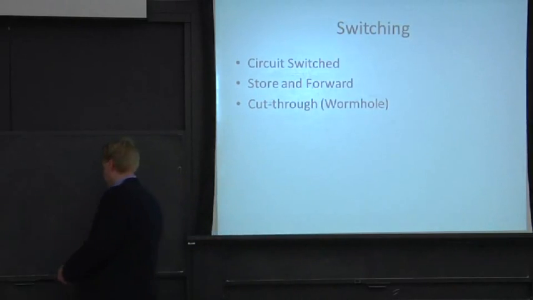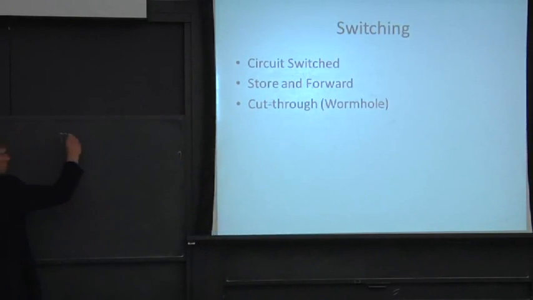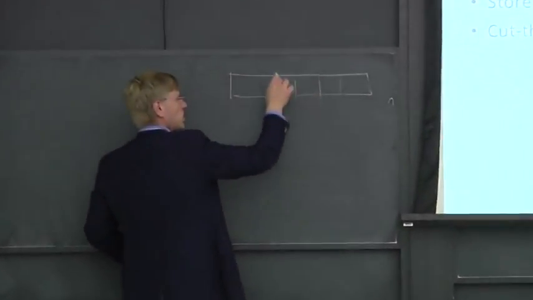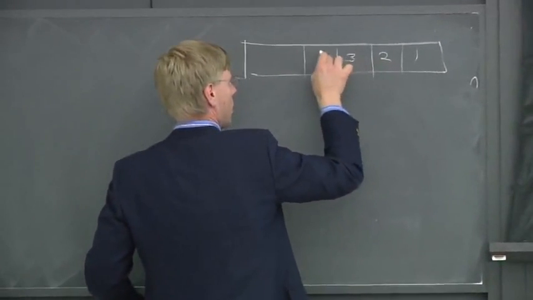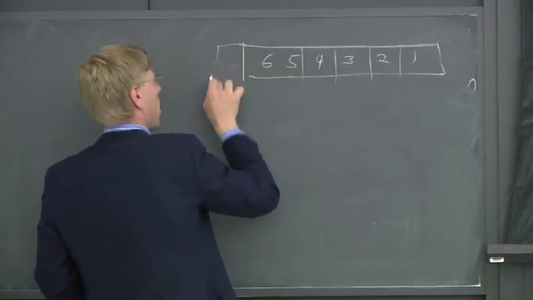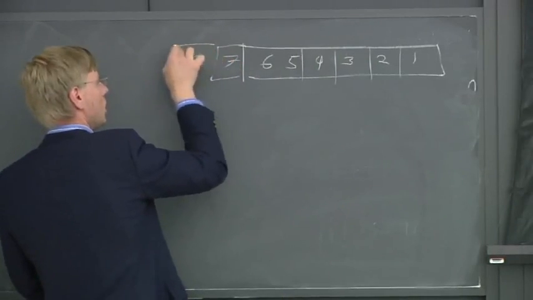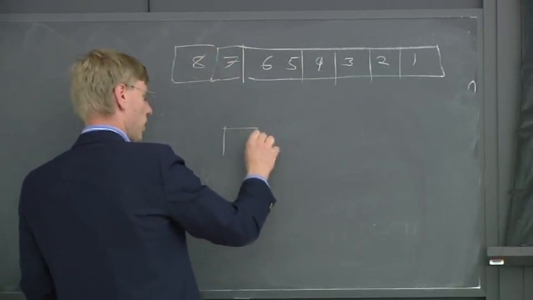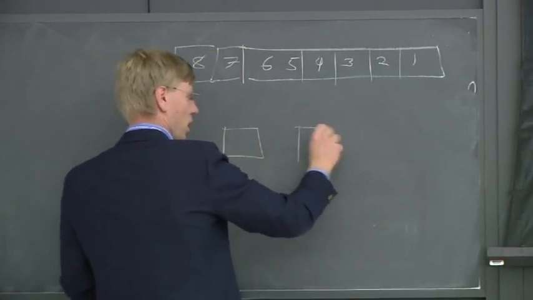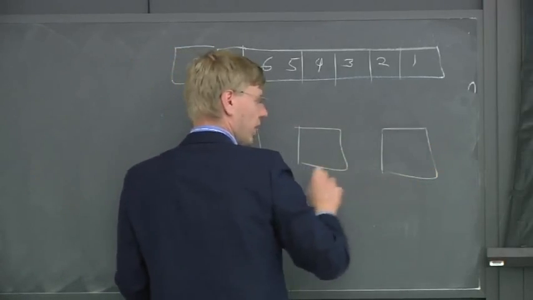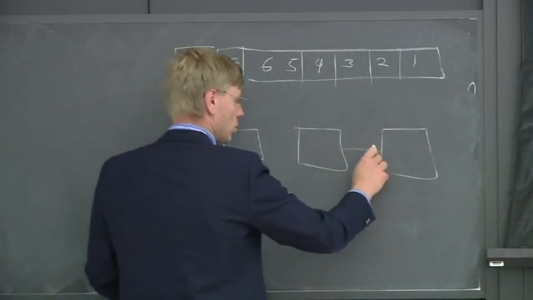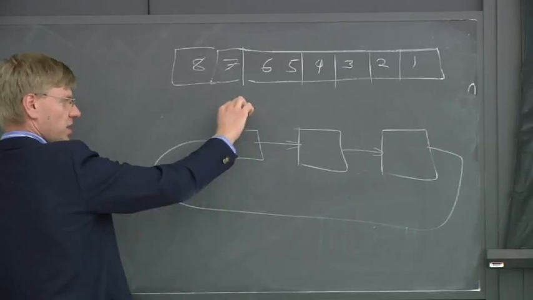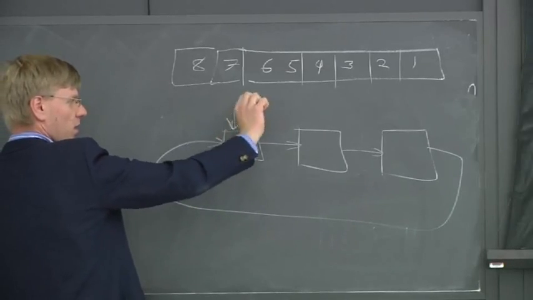So to draw an example of this, we have a packet which is, let's say, 8 words long. And we have some sort of architecture where, let's say, it's a ring or a one-directional torus. Looks something like this. And we're trying to send this packet. We inject the packet here.